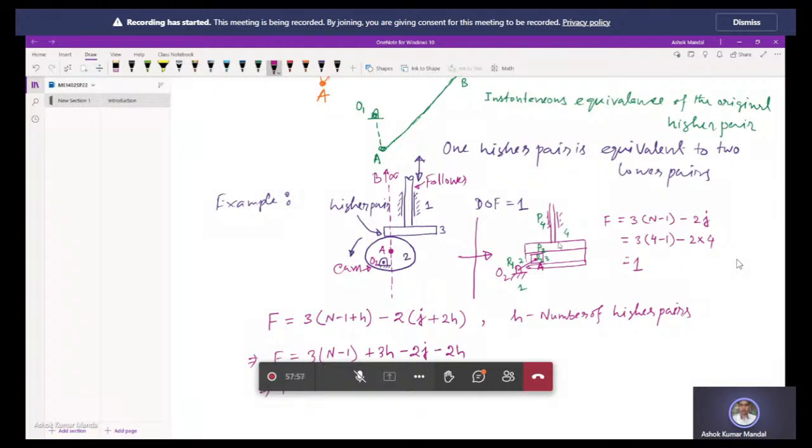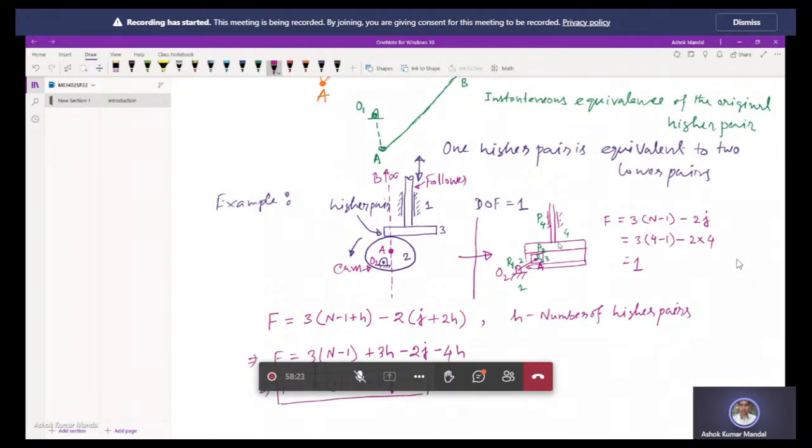So we have f equals 3 into n minus 1. Sir, it will be minus 4h, right? Yeah, this is minus 4h. So f equals 3n minus 2j minus h, right?